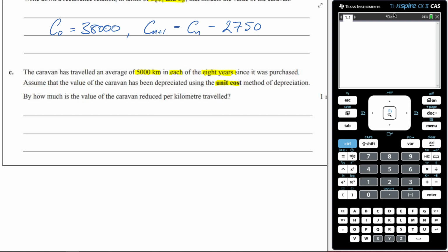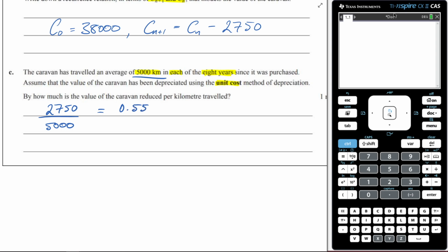All right, so this is where we've got to think for a moment. We know that each year we are depreciating this caravan by 2,750. If I know that each year I am driving on average 5,000 kilometers, well, if I divide by 5,000, I can figure out how much I lose per kilometer. So it's going to be 0.55.